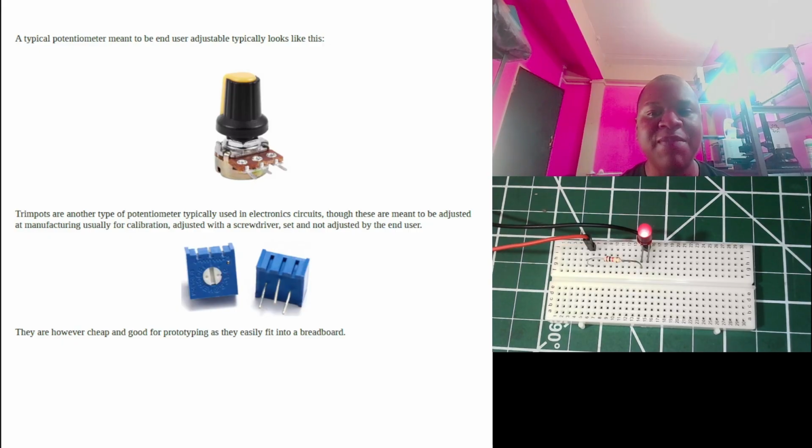They weren't meant to be adjusted by the end user, right? But they're really cheap and good for prototyping, so I usually use these, even though they weren't meant for end user applications, but we are learning, so it's okay to use these trim pots.